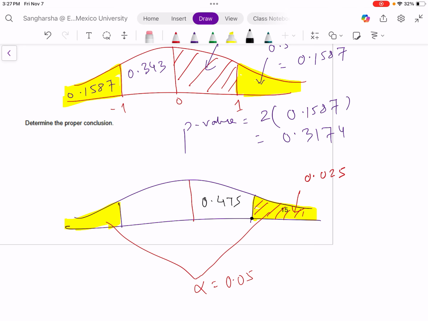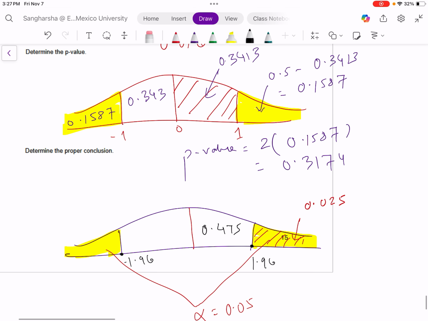So this z is 1.96 and this is negative 1.96. Now where is our test statistic? The test statistic is 1, so it has to be somewhere here. Since our test statistic is outside the rejection region, we fail to reject the null hypothesis.